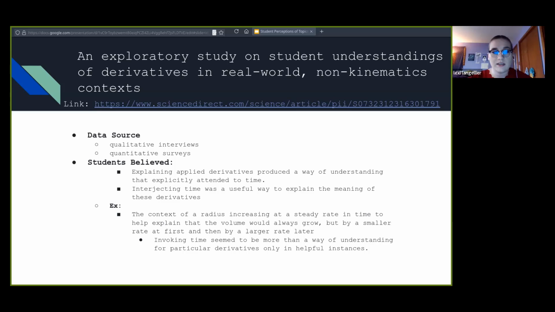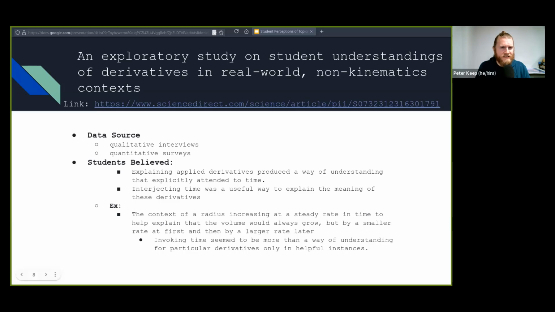So they were invoking time, and it seemed to be more than a way of understanding for particular derivatives only in helpful instances. This was in contrast with limits, where students seem to continually converge on the same point-based model, no matter the circumstances.